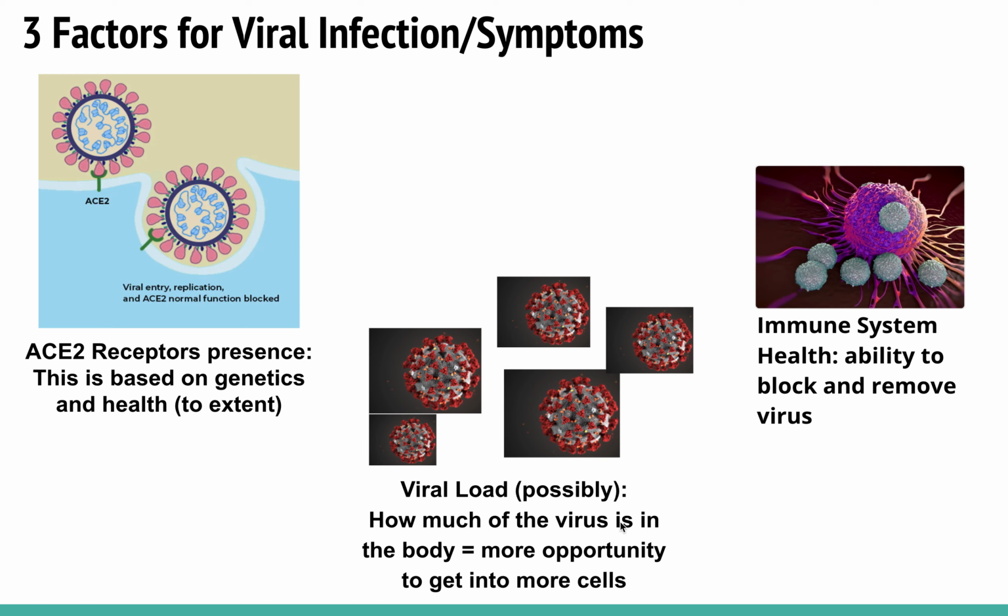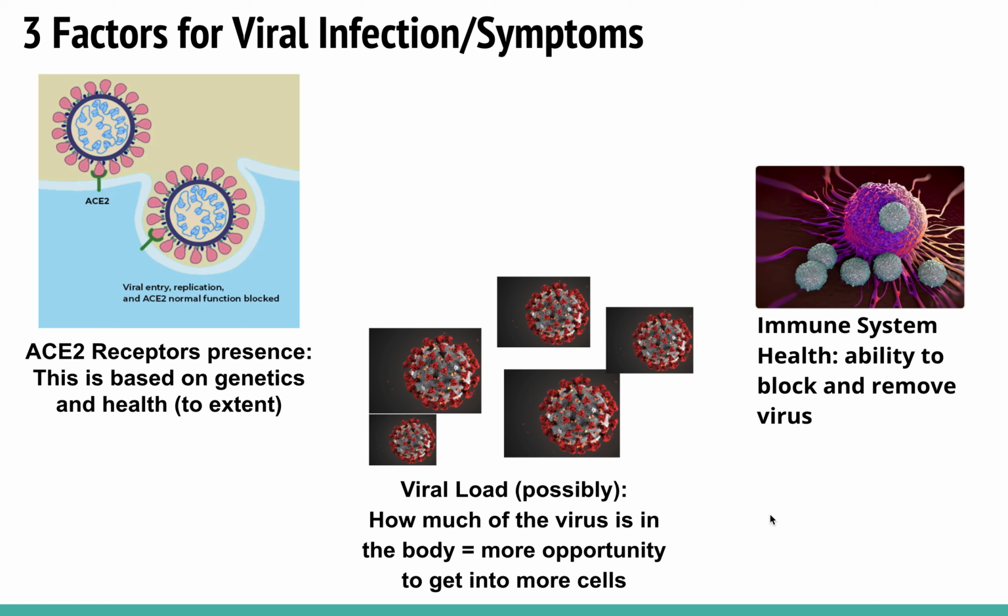So 2 things affect how much virus is in your system at any given time. One is your immune system health, which is the ability to block and remove the virus. That's part of the reason why cancer patients are really vulnerable to COVID-19, because they have treatments that actually weaken their immune system. In addition, viral load is really important.